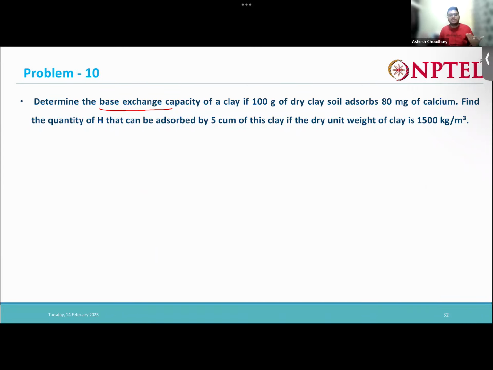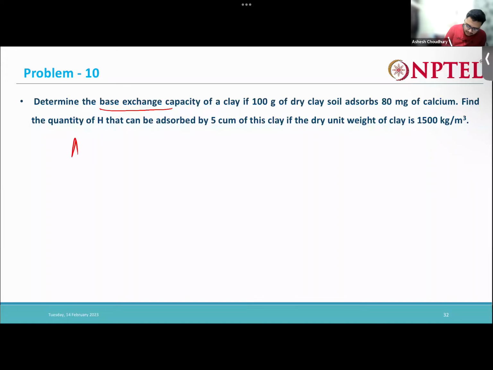We learned surface chemistry in class 11 and 12, there was a chapter. Adsorption, not absorb, it's adsorb on the surface. What is the ability of a clay particle to adsorb certain ions on its surface or edges? It might be face or edge, anything. This is the definition of base exchange capacity.